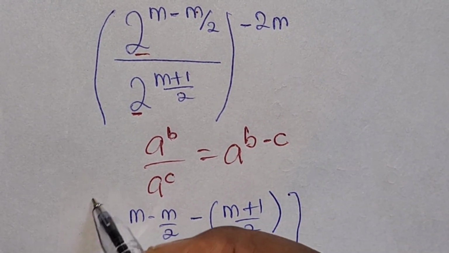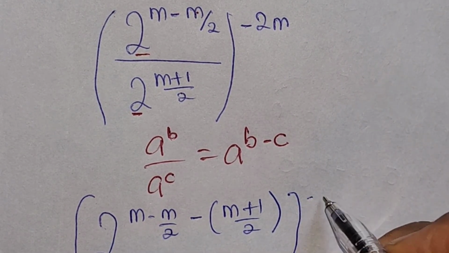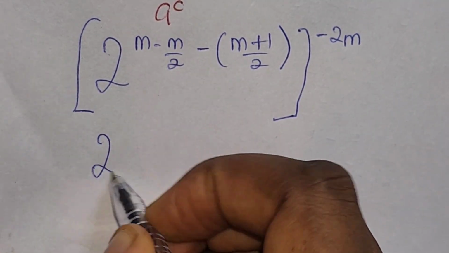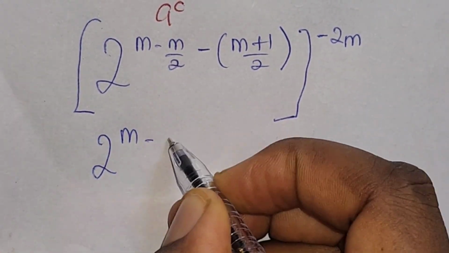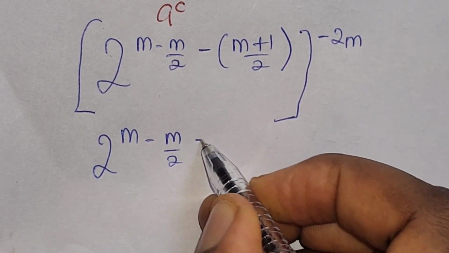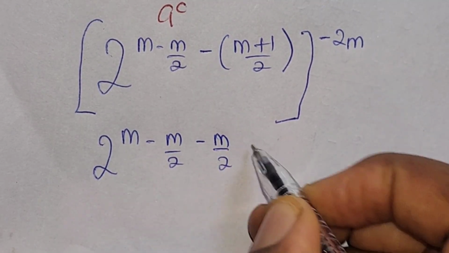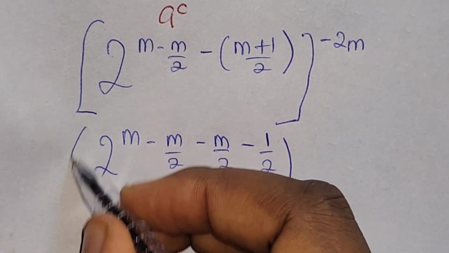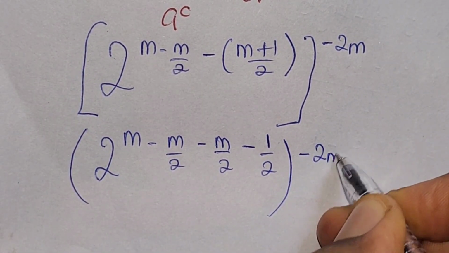So this is all to the power of minus 2m. So we have 2, we have m minus m over 2. Opening this bracket, we have minus m over 2, and we have minus 1 over 2, all to the power of minus 2m.